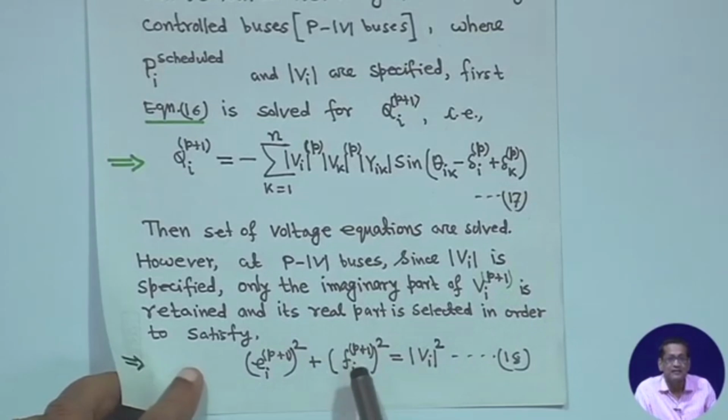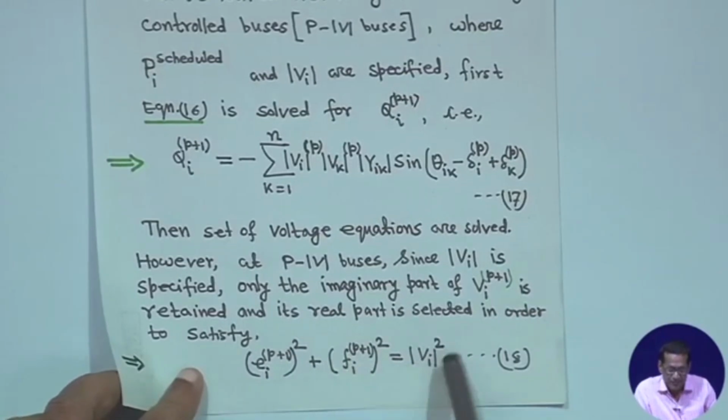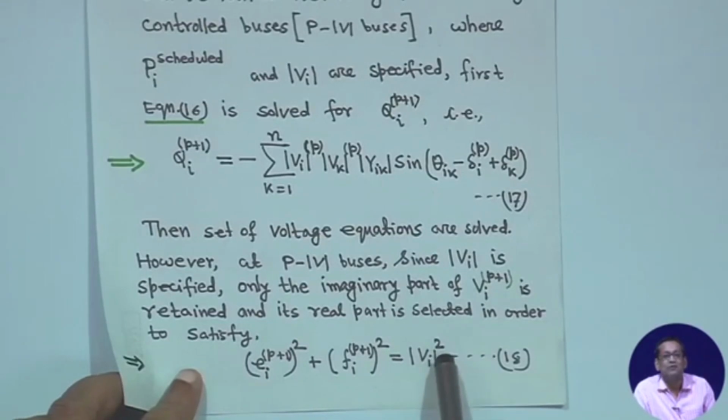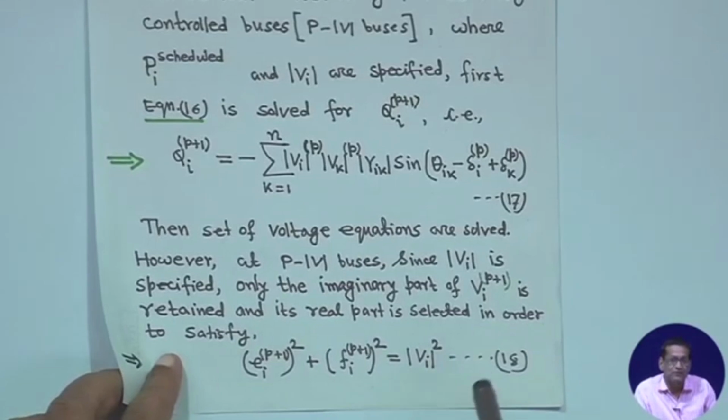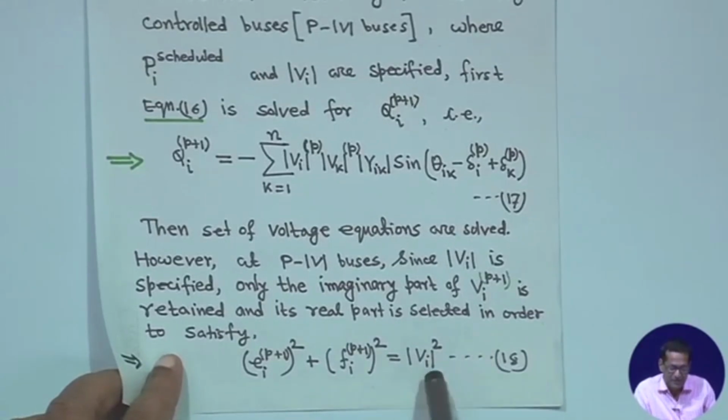Whatever we vary is a different thing, but the voltage magnitude has to remain constant. Otherwise, in the Gauss-Seidel method we cannot include the PV bus.